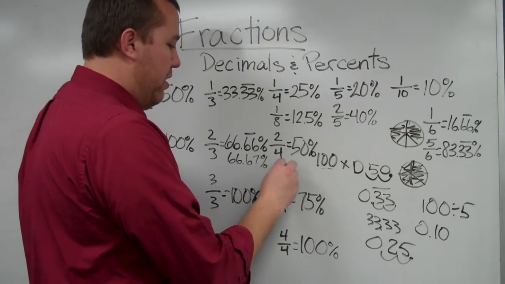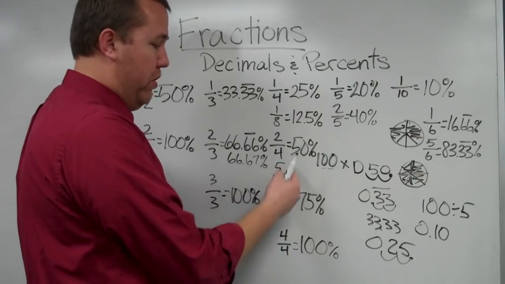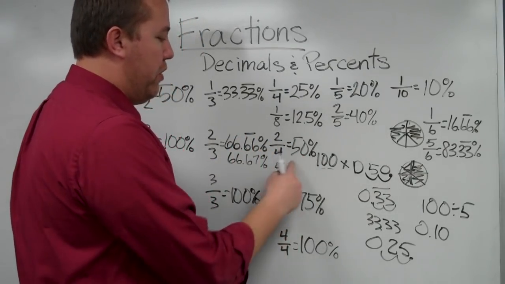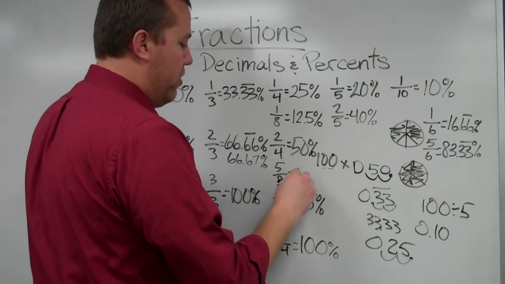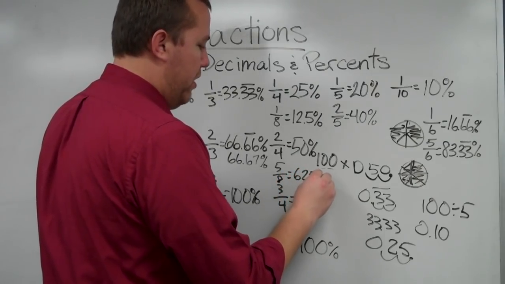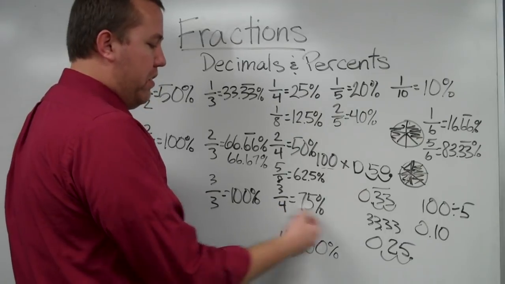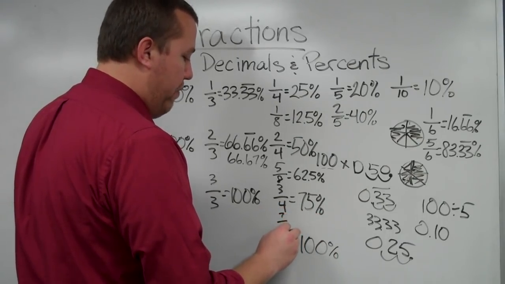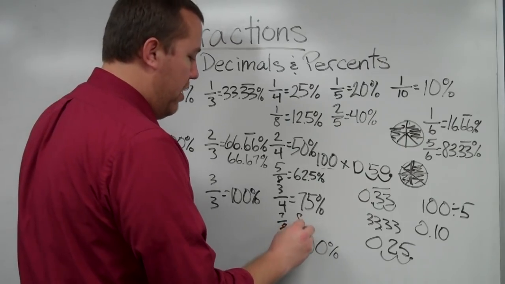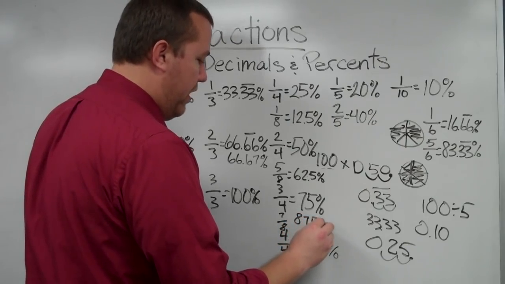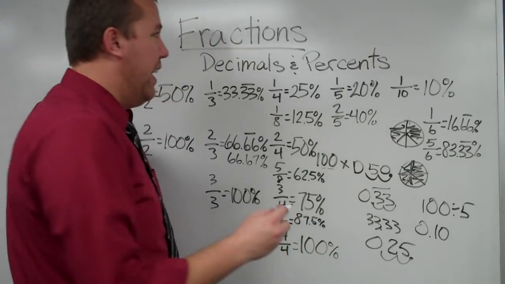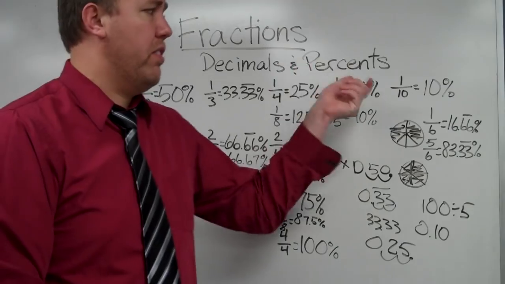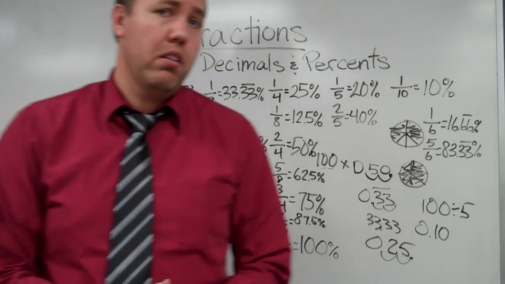Next, 5/8 is just 4/8 plus 1/8. 4/8, or 1/2, equals 50%, plus 12.5, so you have 62.5%. Then 3/4, 75%, or 6/8, same thing. And 7/8 is just 75 plus 12.5 equals 87.5%.